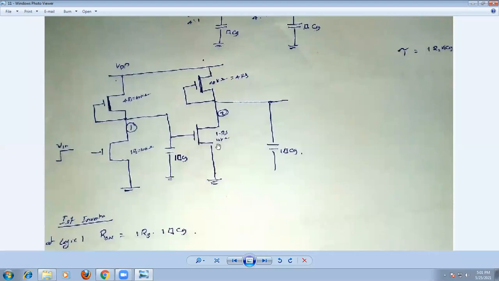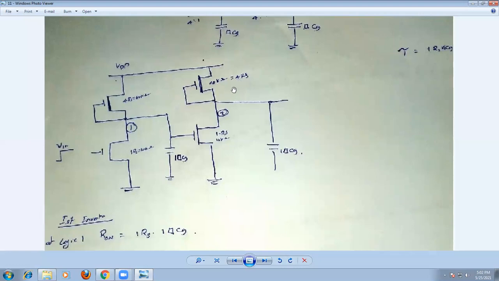Because the capacitor charges to VDD through the pull up transistor, we have to consider the on resistance of this transistor, whose value is 4 times the value of RS, because the pull up to pull down ratio of the inverter is 4:1. If the pull up length to width ratio of this transistor is 1, the ratio of the other transistor must be 4, so that we get the pull up to pull down ratio of 4:1. Therefore the value is 4 times RS.